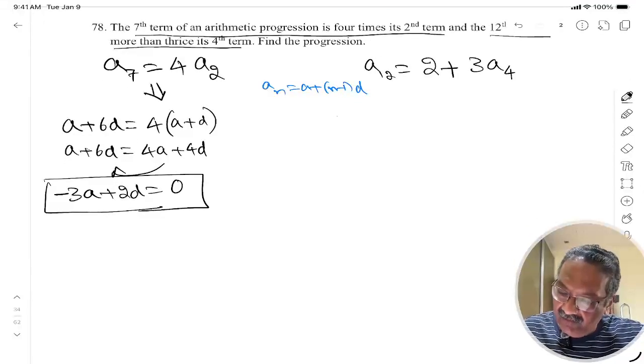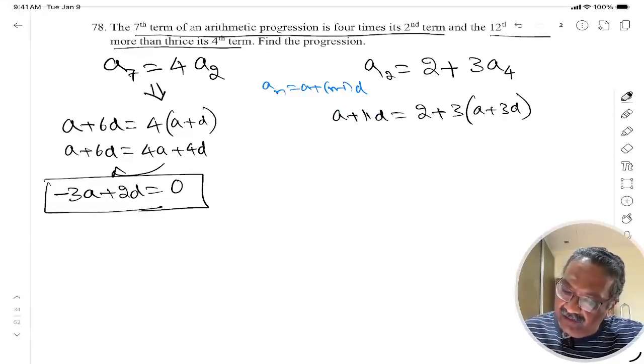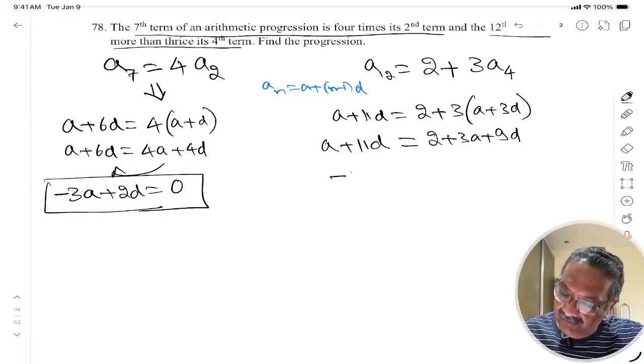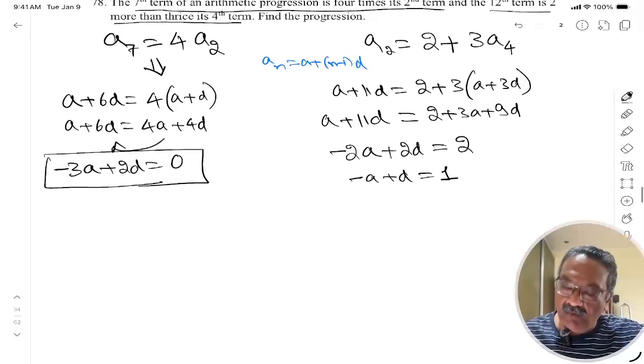From this we get A plus 11d is equal to 2 plus 3 into A plus 3d, so A plus 11d is 2 plus 3A plus 9d. If it comes this side, it becomes minus 2A plus 2d is equal to 2. So minus A plus d is equal to 1.